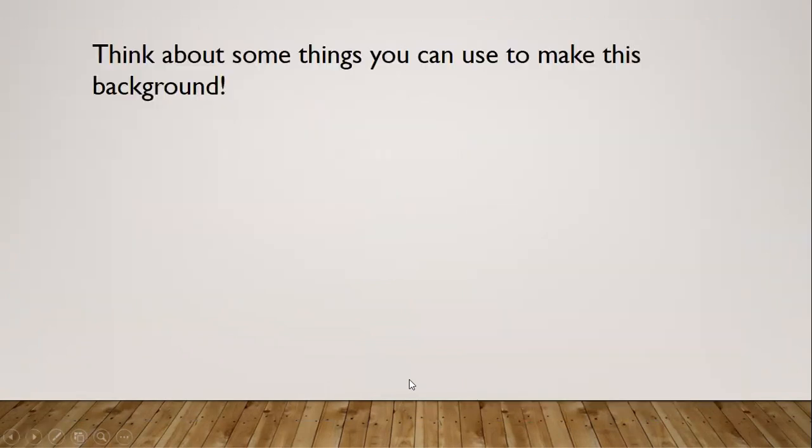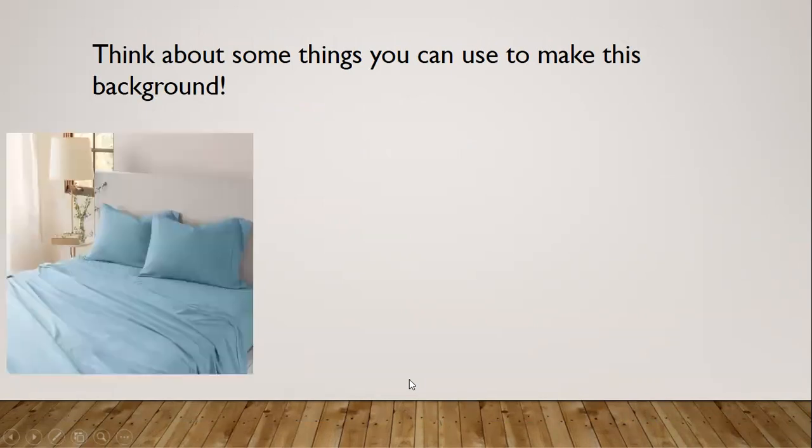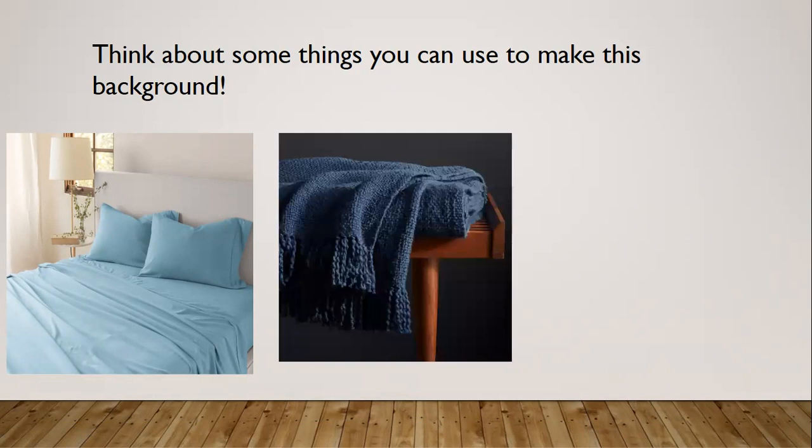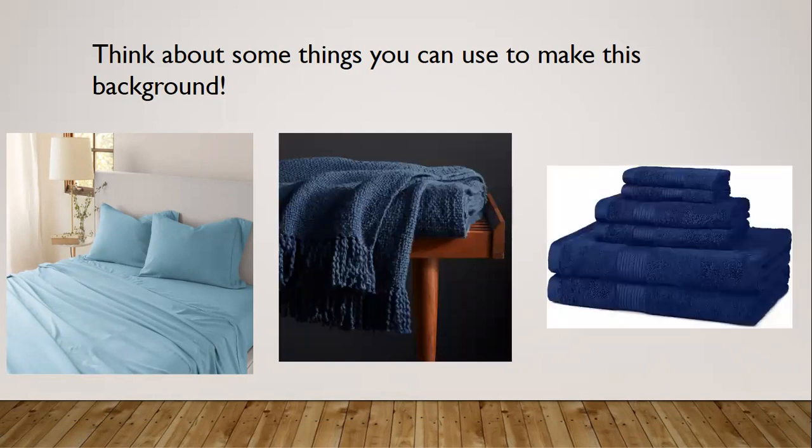So let's think about some things that we could use around the house to make your habitat background. You can use sheets. Yours is basically going to be blue because you have water. So you could use different color blue sheets, or blue blankets, or even blue towels to make your background.